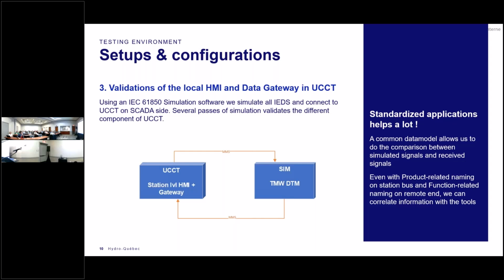The gateway as well is not a proxy gateway, because of a difference between the data model on the station level and on the remote level. But based on the two data models on the two networks, there was still some correlation to do between the two, and we were able to validate the proper functions of the HMI.